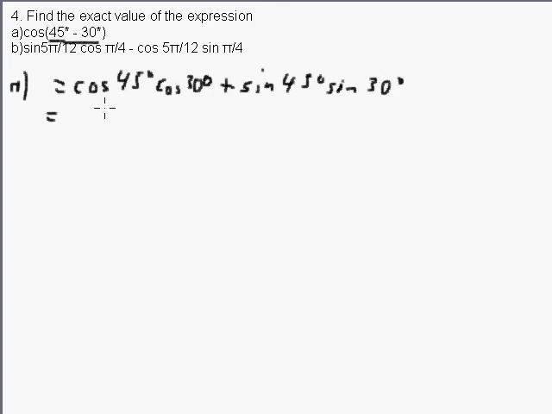Cool. Now, exact answers for these. Fairly easy because they're all in the first quadrant, so they're all positive, because that's the A quadrant, if you remember your CAST. Cos of 45 is 1 over root 2. Cos of 30, well, check it on your calculator.